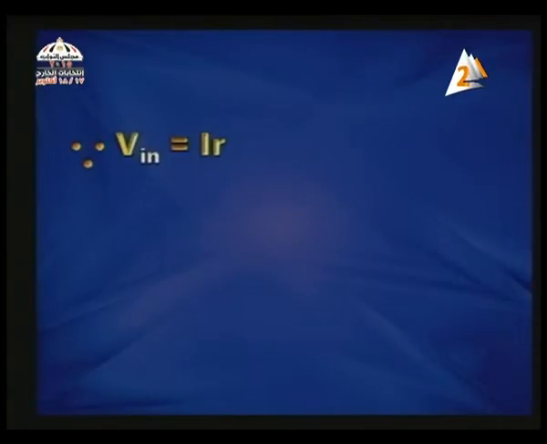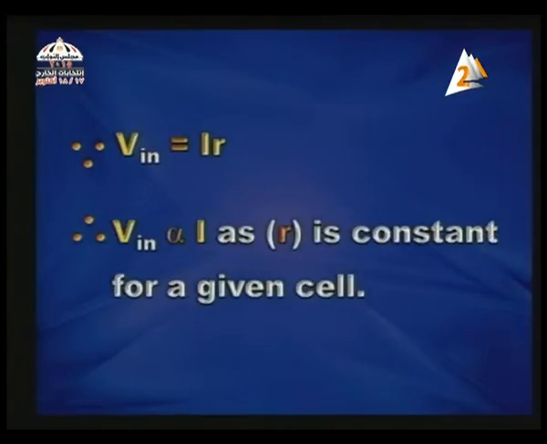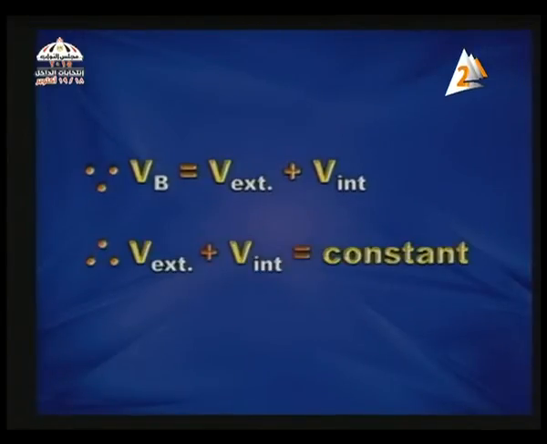Since V internal, the lost voltage, equals Ir, the internal voltage is directly proportional to the current. r is constant for a given cell. V battery equals V external plus V internal, so V external plus V internal equals V battery, which is constant.